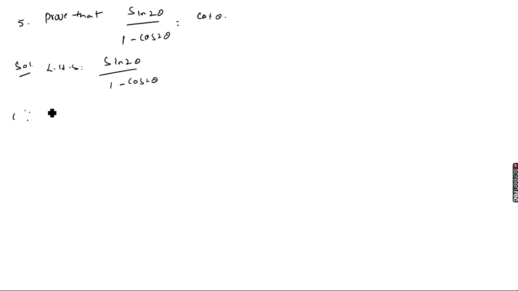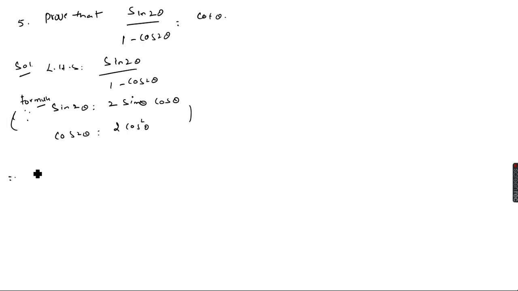So first we need the formulas. Sin 2 theta is nothing but 2 sin theta cos theta. And cos 2 theta is nothing but 2 cos square theta minus 1. So these two formulas should be remembered.